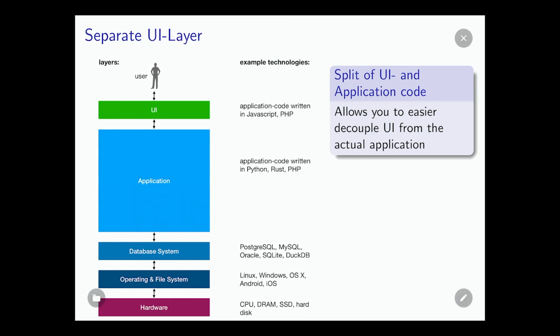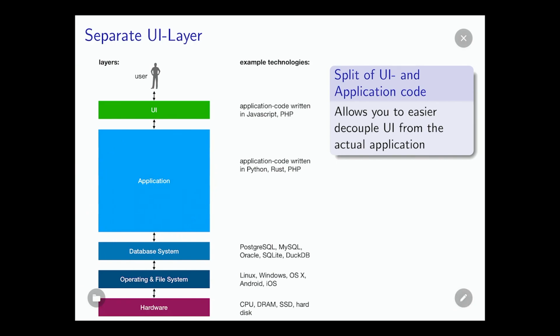One standard thing you do is split it up into a UI that displays the stuff, the part of the software the user works with, like a web browser, for instance, and stuff being displayed in your web browser, versus the actual application. The application does computations, queries the database, takes the data, and does something with the data.